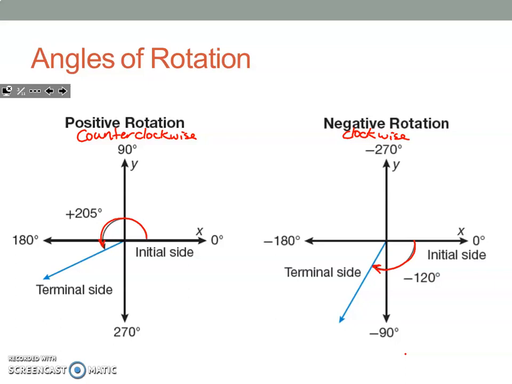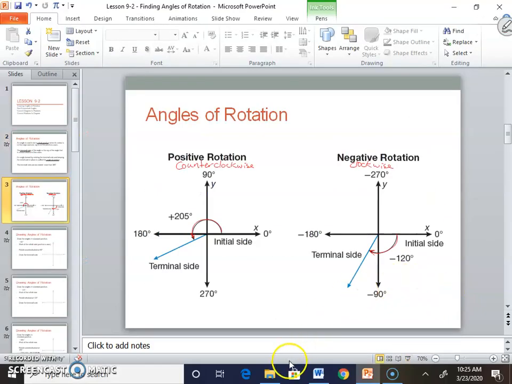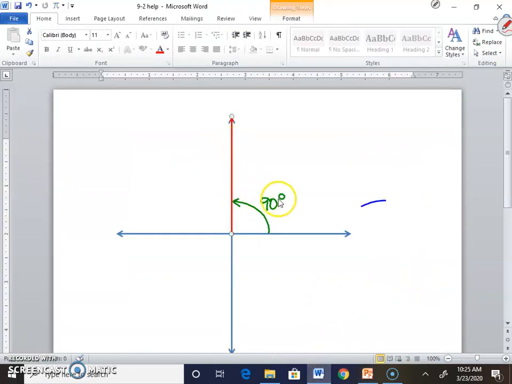The way that I remember is I don't necessarily remember counterclockwise or clockwise. I think of it like this. If I go back to my picture here, delete all that stuff. Okay, I've got my terminal side in my initial position. If I'm going to have a positive rotation, which way am I going to move this?